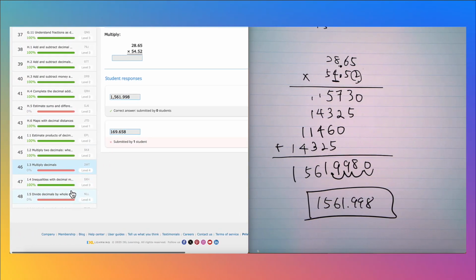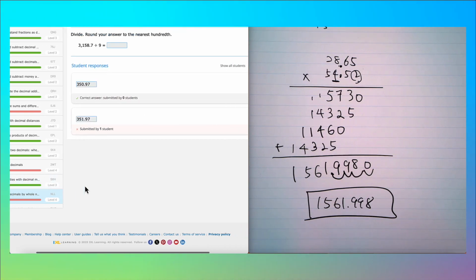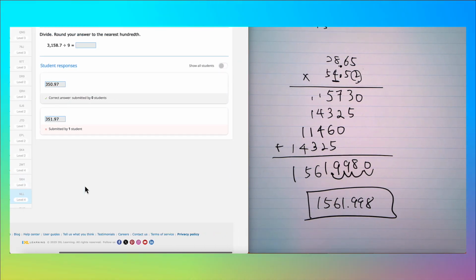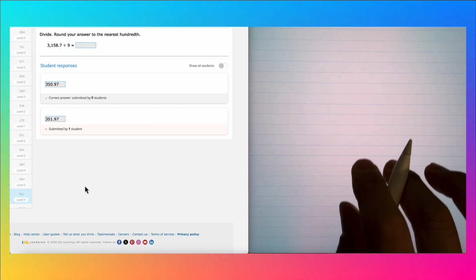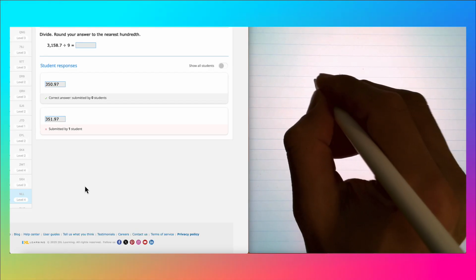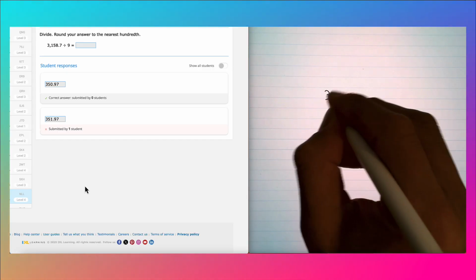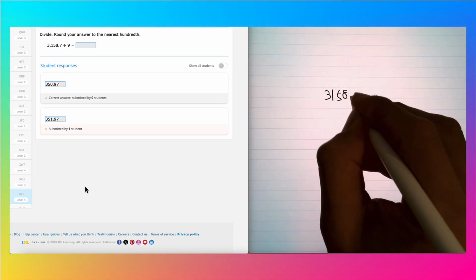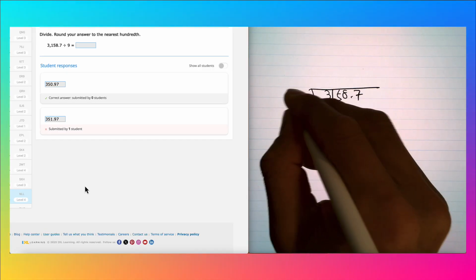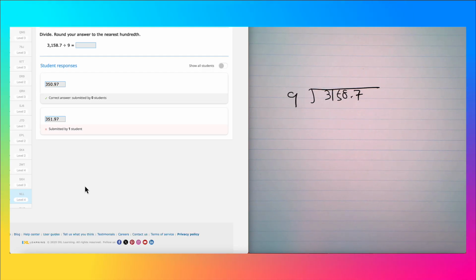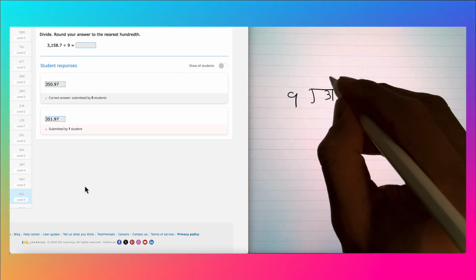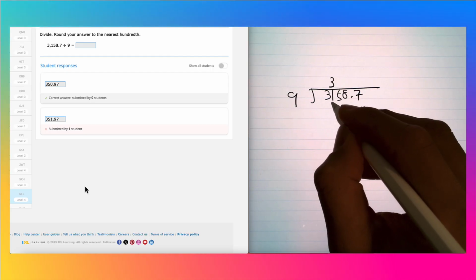Okay, last one on this test. We have 3158.7 divided by 9. So we can put 3 above 31.